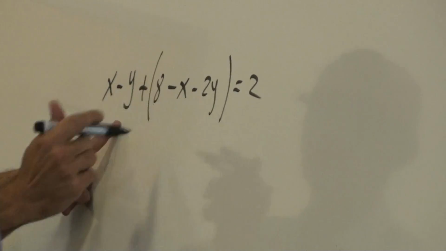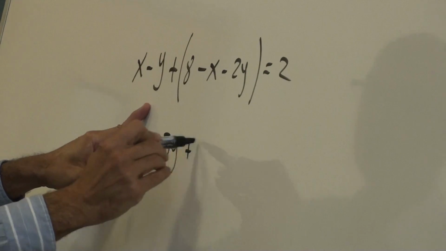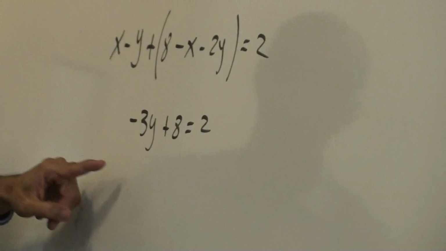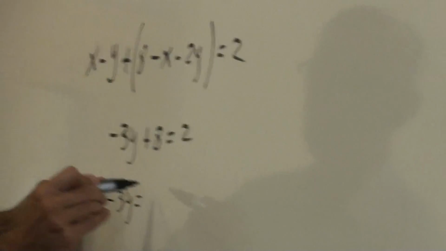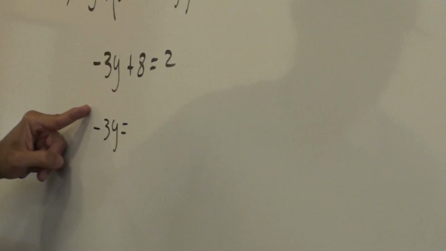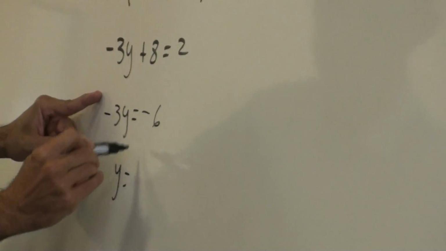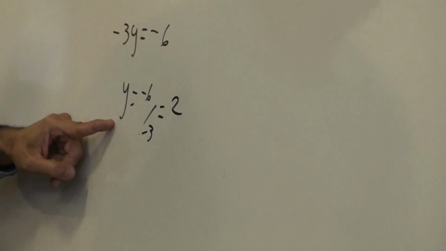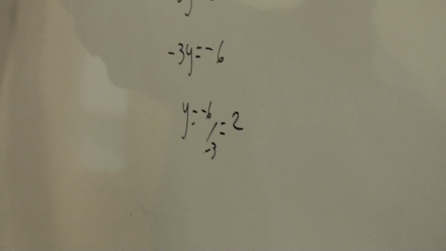Here I'm going to have negative 3y plus 8 equals 2. Okay? Now, 8 goes to the other side. It's going to be negative 3y equals what? 2 minus 8 is negative 6. So y is negative 6 divided by negative 3. That is 2. Wow, I already got my first value, right?